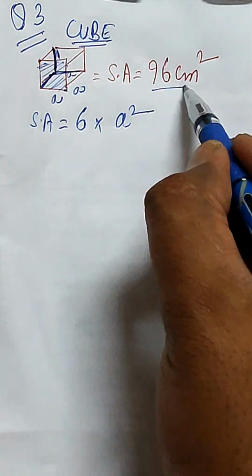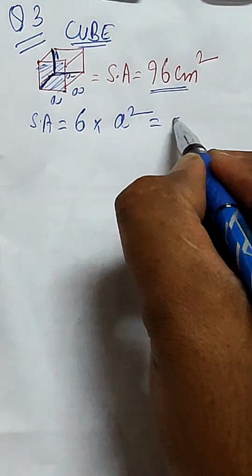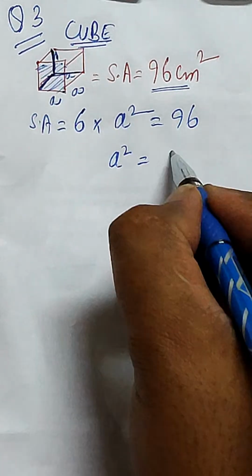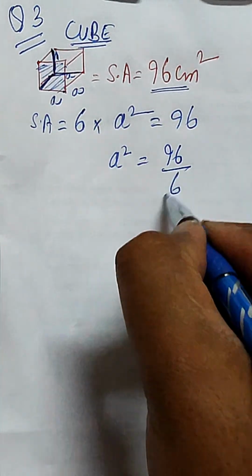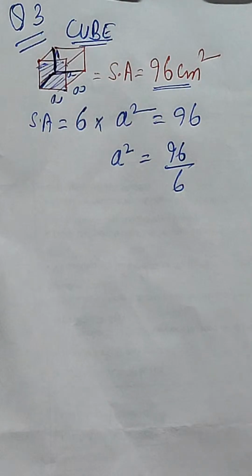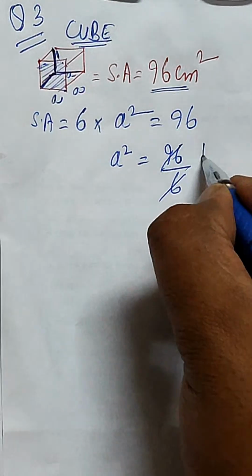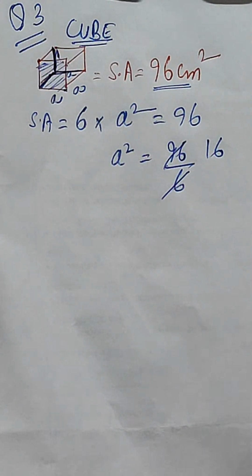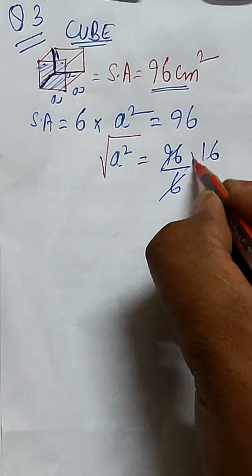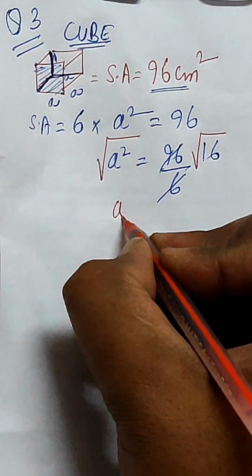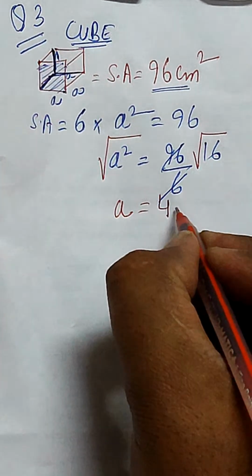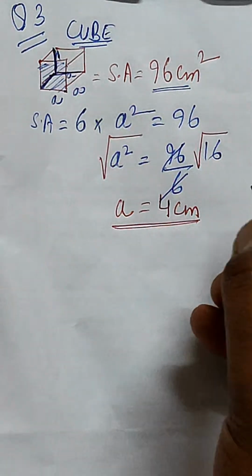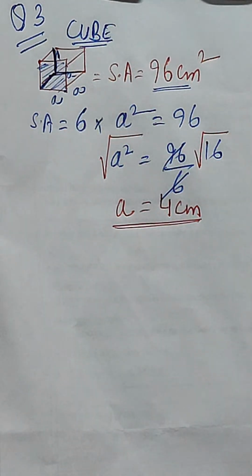Now it's given it's equal to 96, so just equate it with 96. Then the value of A square is 96 by 6, which gives you 16, right? And when you take the square root on both sides, you will get the value of A as equal to 4 centimeter, right? So this is the edge of the cube which is calculated.